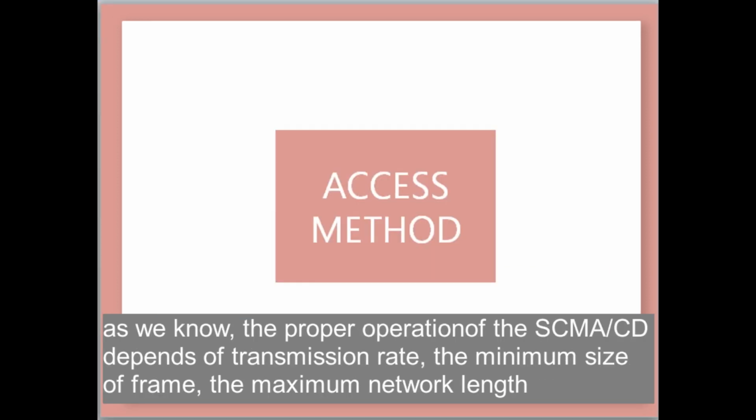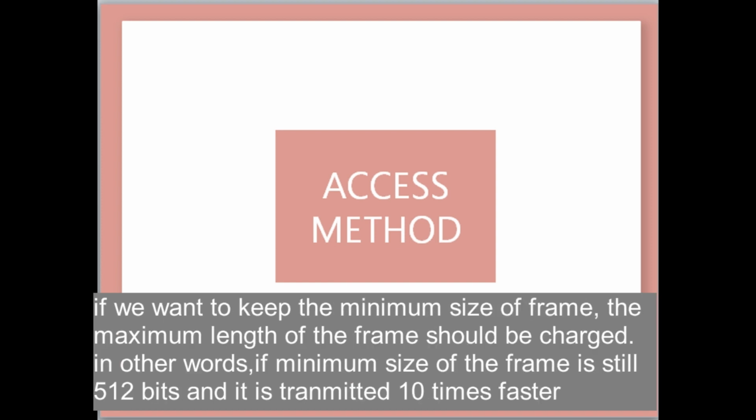As we know, the proper operation of CSMA/CD depends on the transmission rate, the minimum size of the frame, and the maximum network length. If we want to keep the minimum size of the frame, the maximum length of the network should be changed.